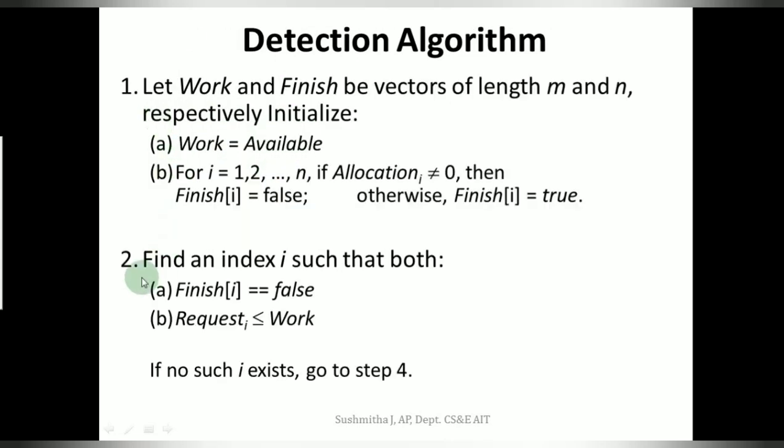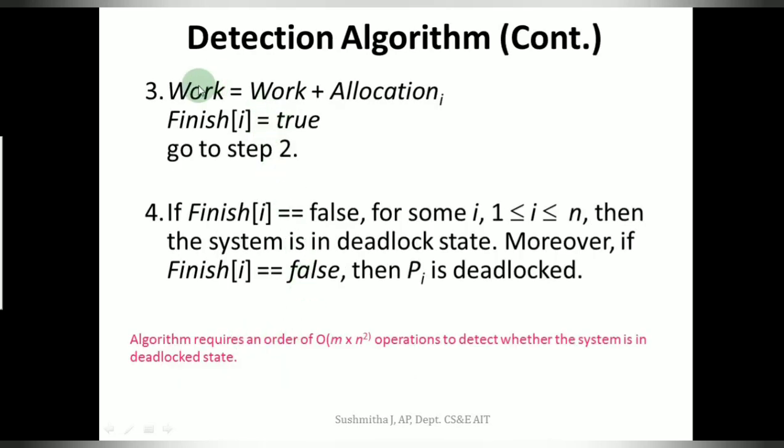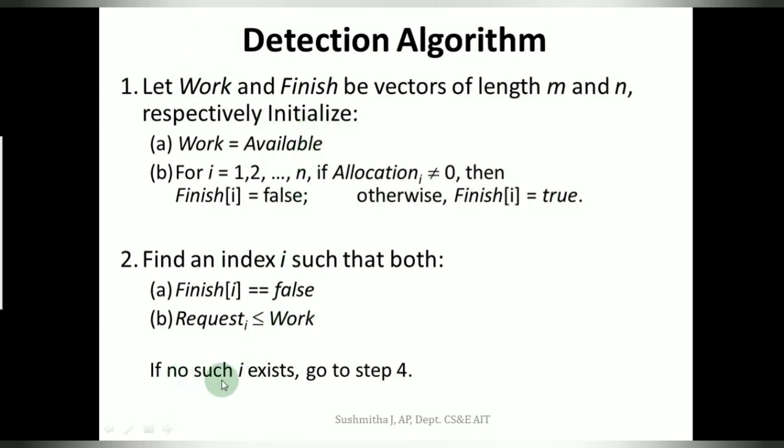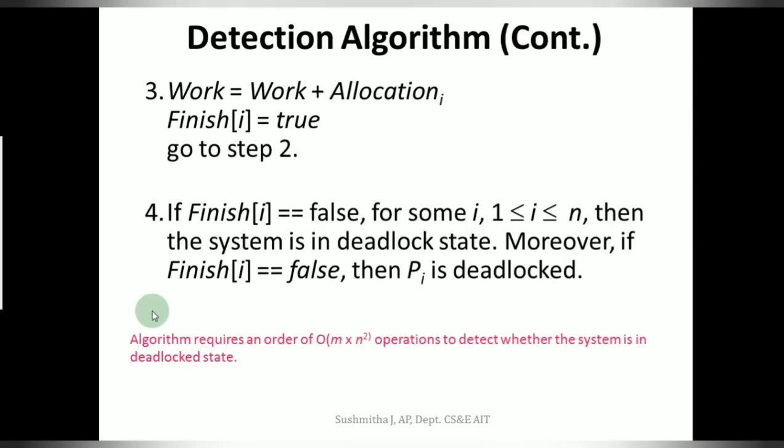We again go to step 2. We find another process, and again if that is false, and if the request is less than the work, we again go to step 3 and we will be changing it to true. If we find no such process where the request is less than the work, after all the processes are giving up the resources also, then we go to step 4, indicating that there is a deadlock.